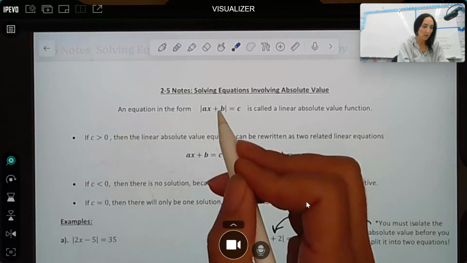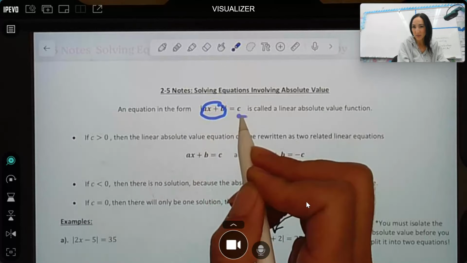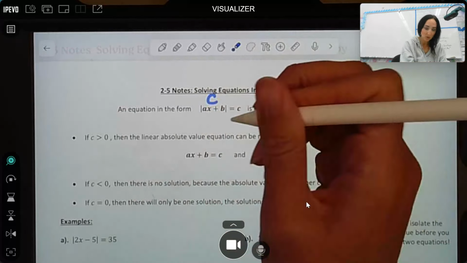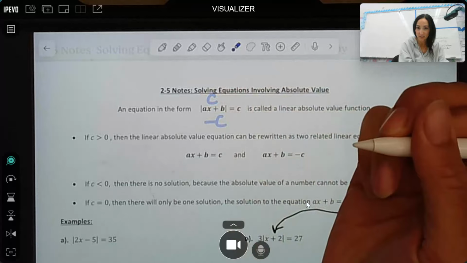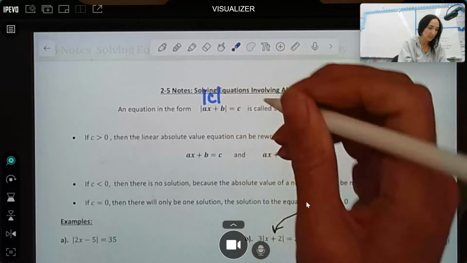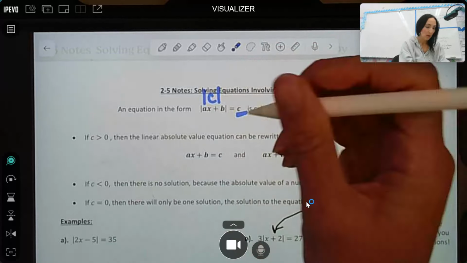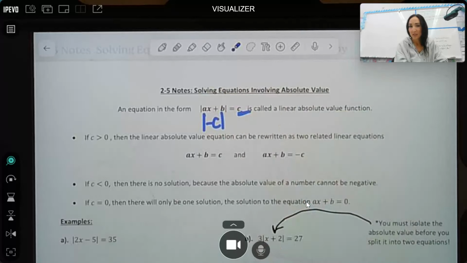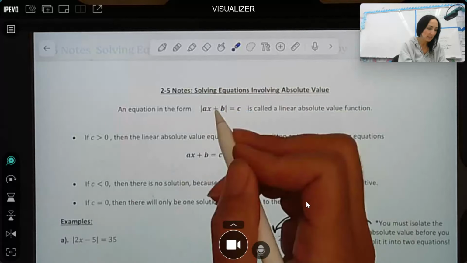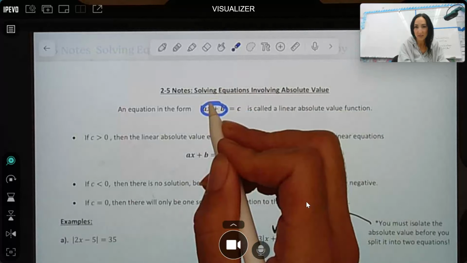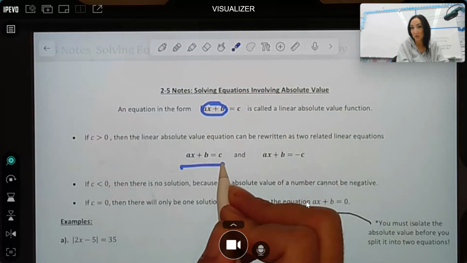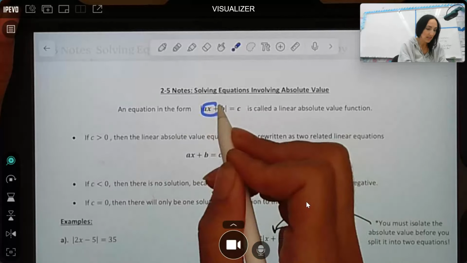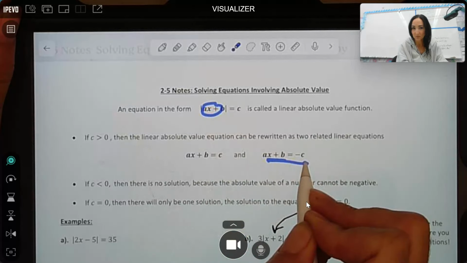Because for the absolute value of this quantity to be C, the inside has to equal C or the inside has to equal negative C. Because the absolute value of C is C, but also the absolute value of negative C is C. So we take this inside, this AX plus B, and we can write an equation saying it equals positive C, and we write a separate equation saying this equals negative C.